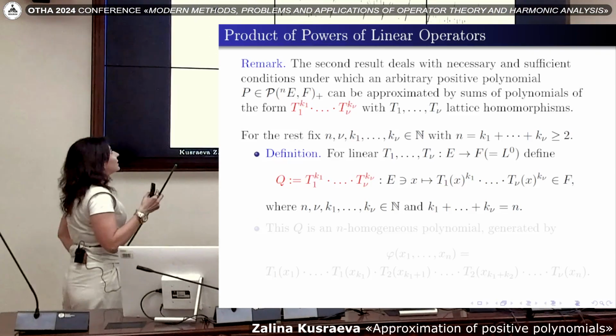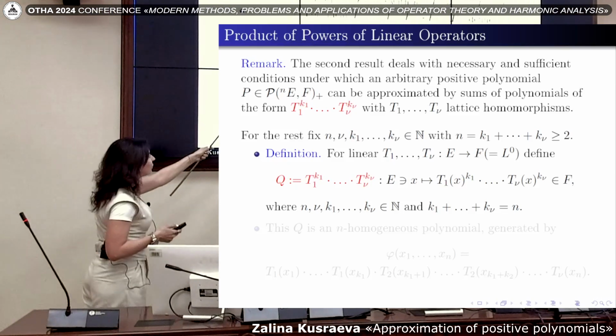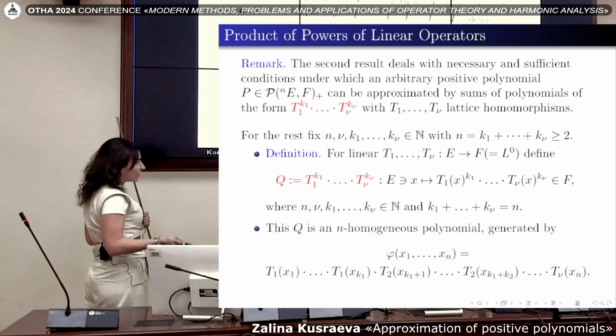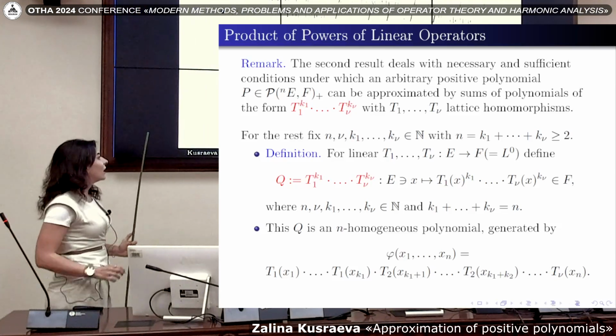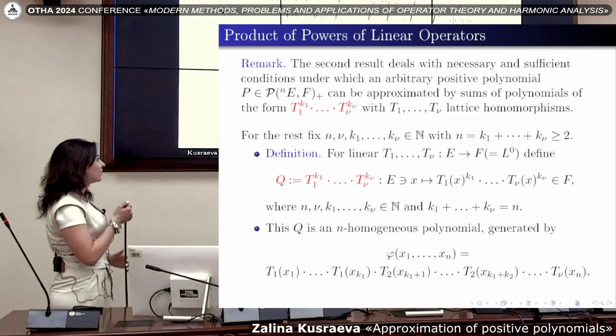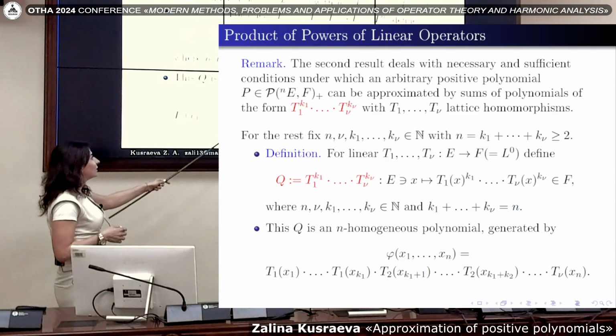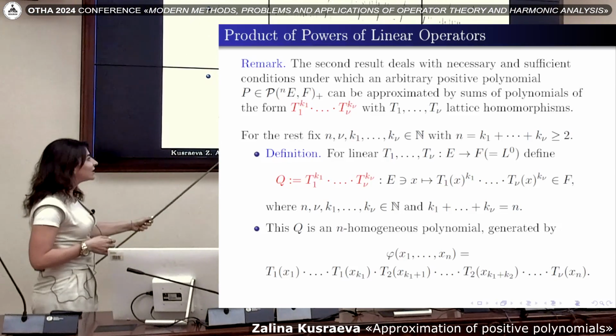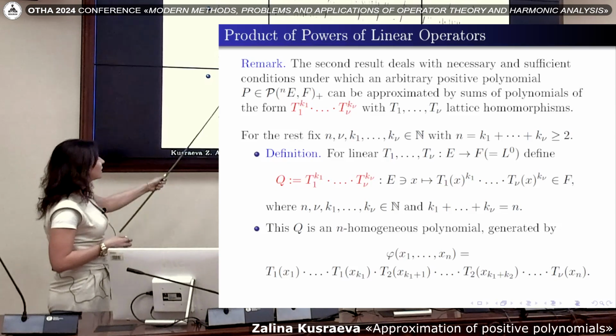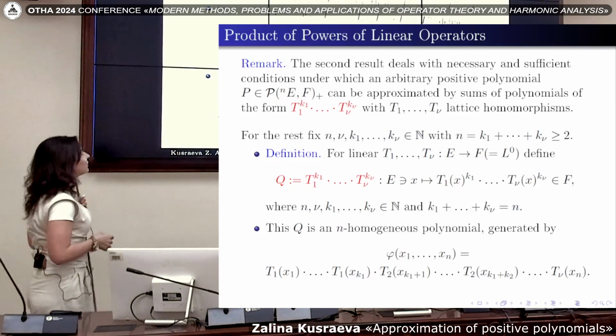The polynomial Q defined this way is an n-homogeneous polynomial, which can be checked very easily. I wrote here the generating multilinear form, and you can see that if we restrict it to the diagonal, we will get exactly what we defined.